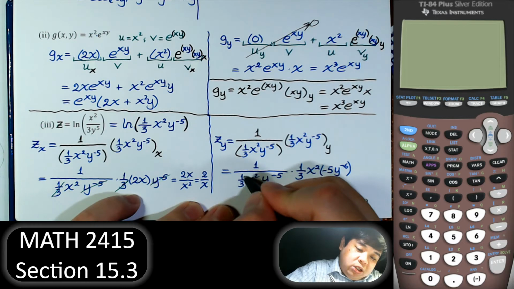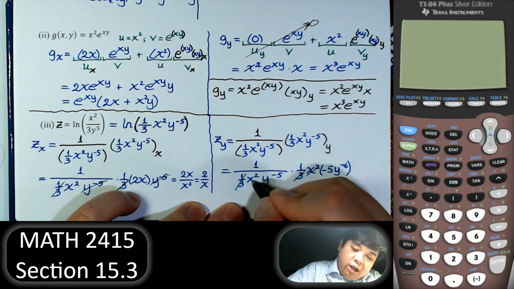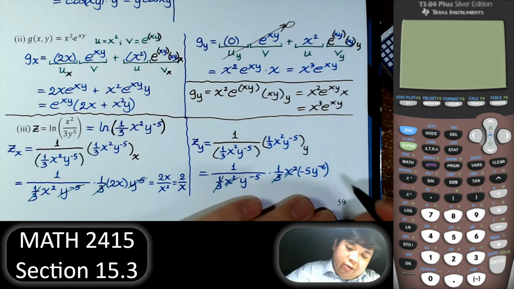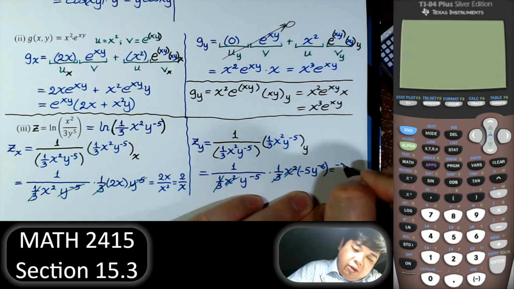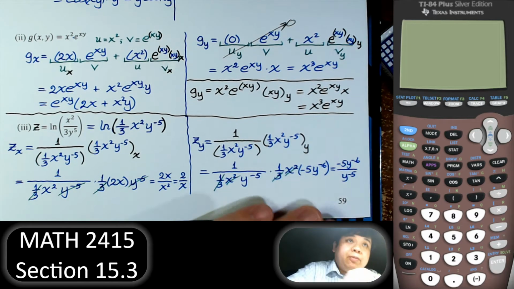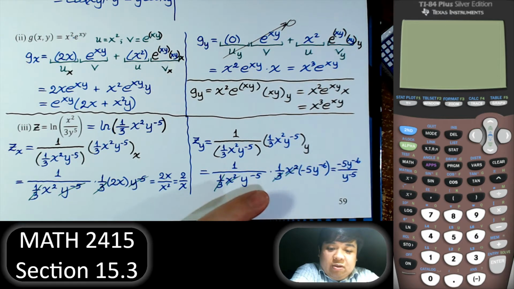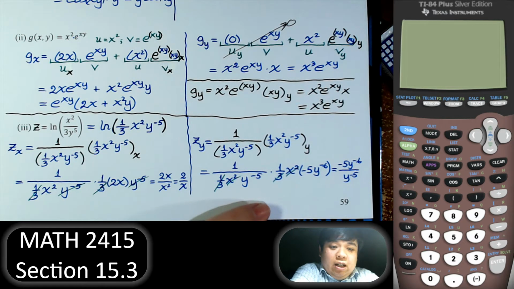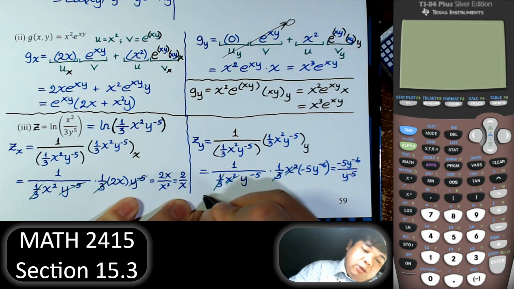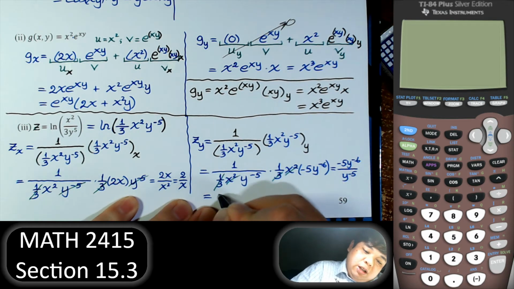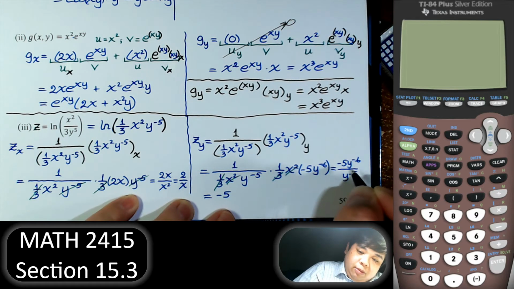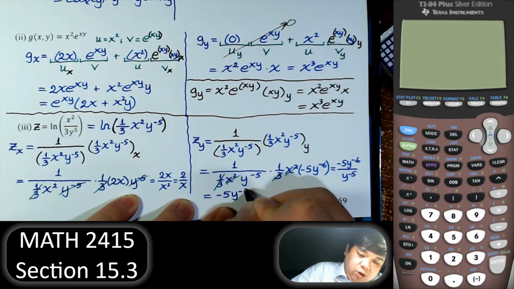Right, let's simplify. Once again, 1/3 and 3, x squared, x squared. We will have negative 5, y to negative 6 over y to negative 5. The y to negative 5 cancels out, obviously, right? So we still have negative 5 times negative 1. So when that cancels out, we have negative 5 y to negative 1.